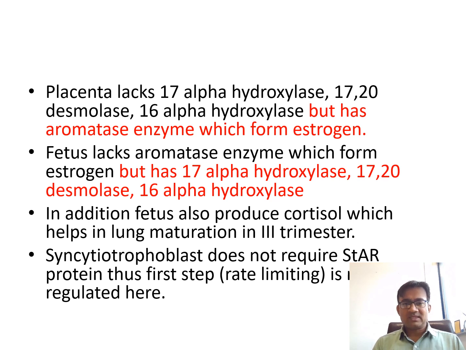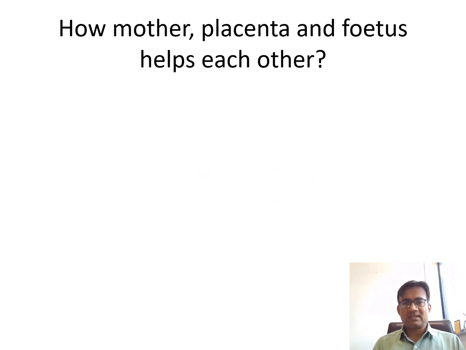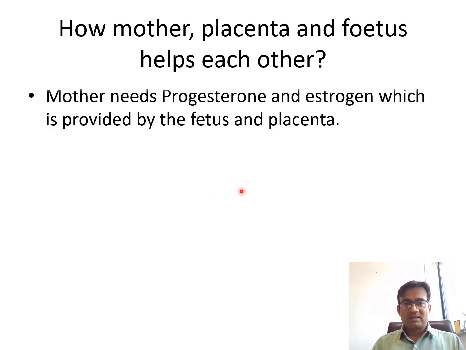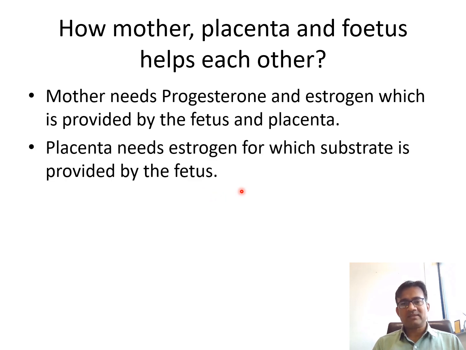I hope this video was clear. In the end, just see, the mother needs progesterone and estrogen, which are provided by the fetus and placenta. The placenta needs estrogen, for which the substrate is provided by the fetus. The substrate was DHEAS and DHEA.